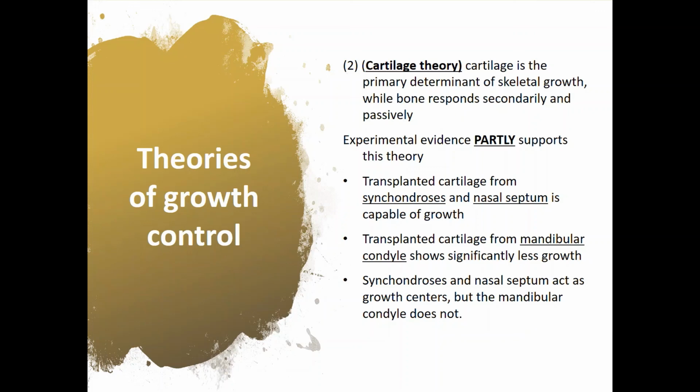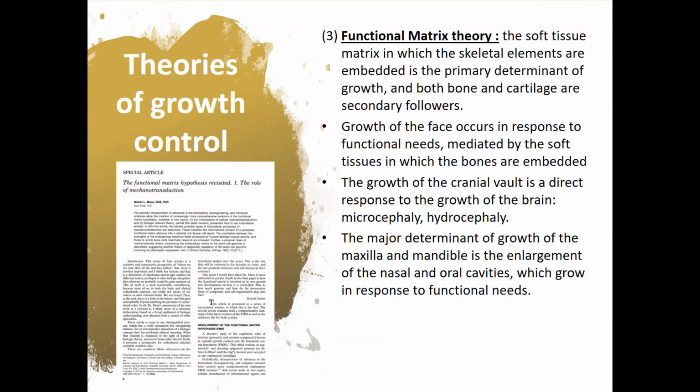The third theory is the functional matrix theory, and this theory states that the control factors for growth actually exist within soft tissues. So the soft tissue matrix or envelope where the bone is embedded will carry the control factors for the growth.